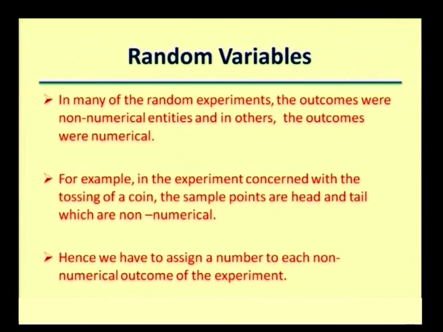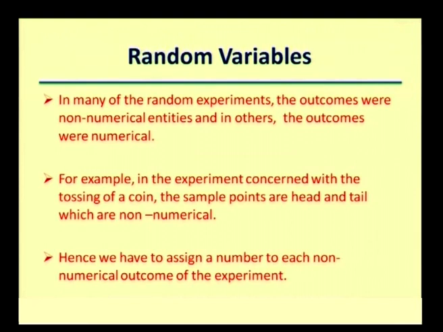But if the outcome is non-numerical, we can't proceed with the calculations. Hence, these non-numerical quantities must be converted to numerical quantities. So, this kind of transition from non-numerical to numerical is done by the function called random variable.